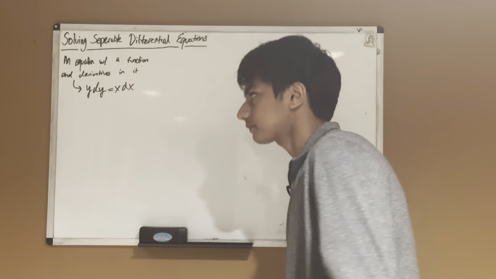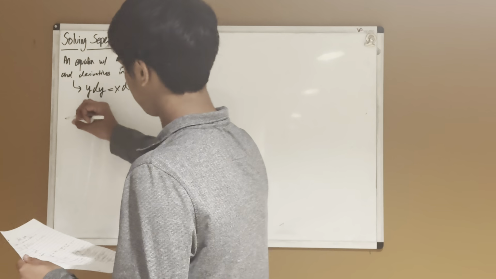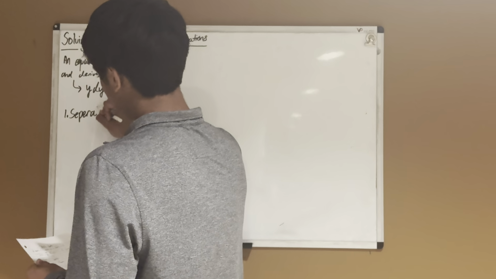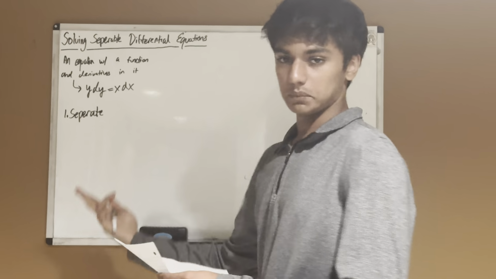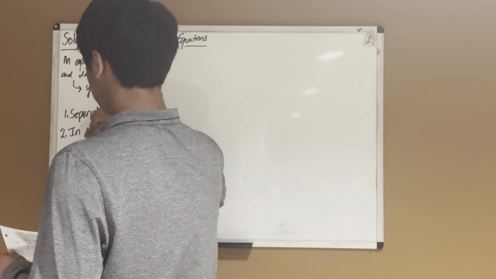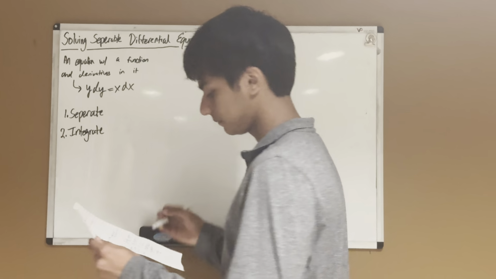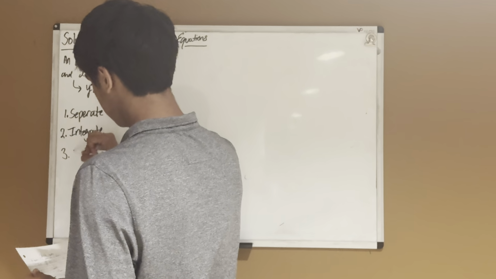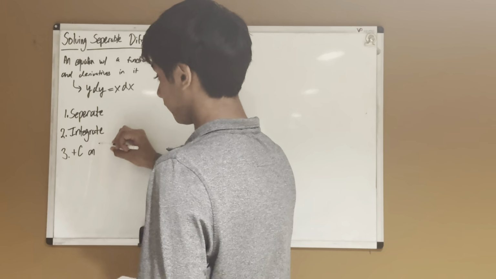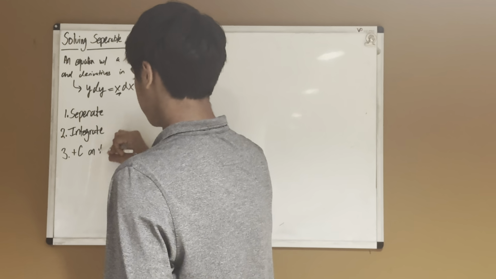So to approach a separable differential equation, what you have to do is first separate the differential equation, right? Because usually they're not going to give it to you in this form. You have to separate it yourself. Then you have to integrate each part. Then after you integrate, you add a plus c on the side with the independent variable. In this case, x will be the independent variable.